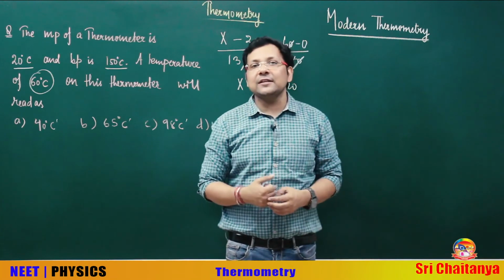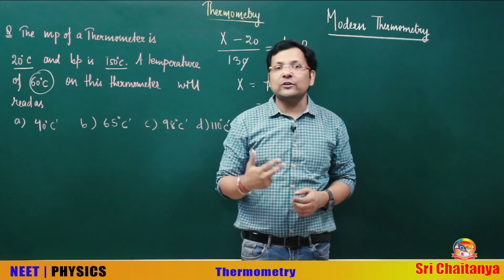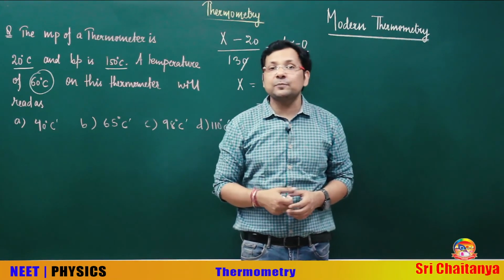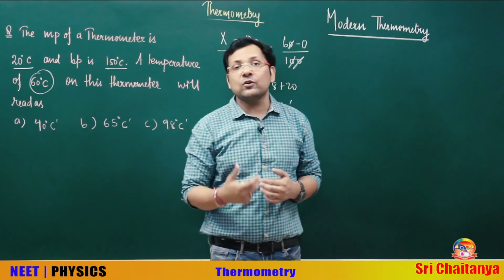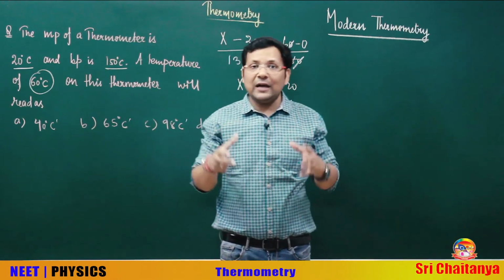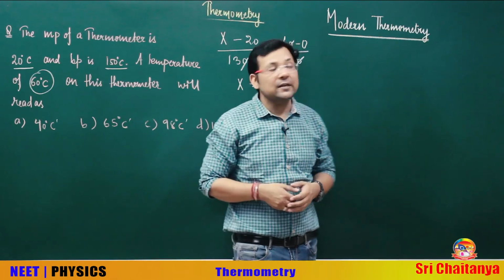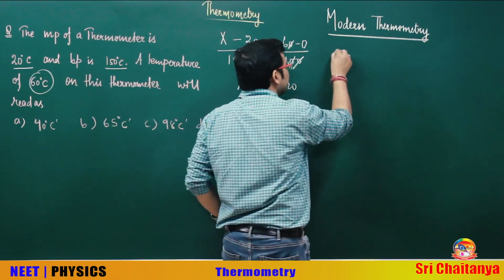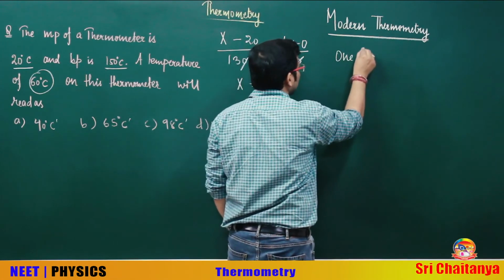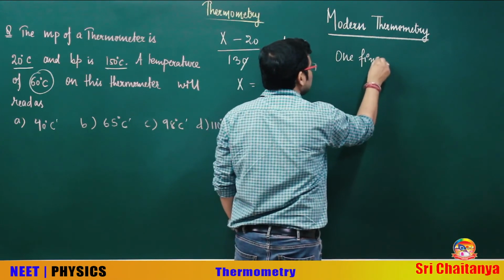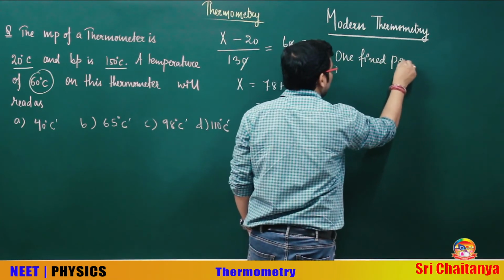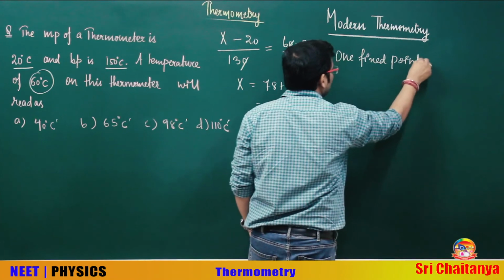There's a question in NCERT, why was the two fixed point theory changed? And the answer is because pressure was not considered as a factor responsible for the state change. So in modern thermometry, there is one fixed point only. And that one fixed point is called the triple point of water.